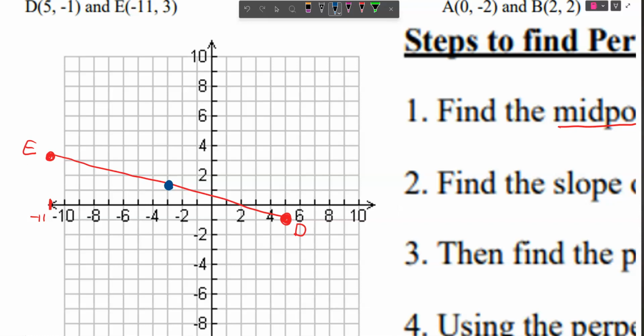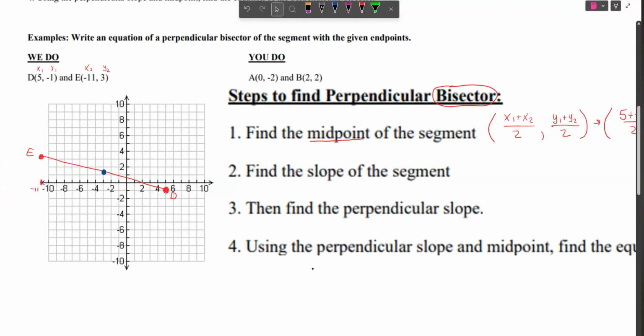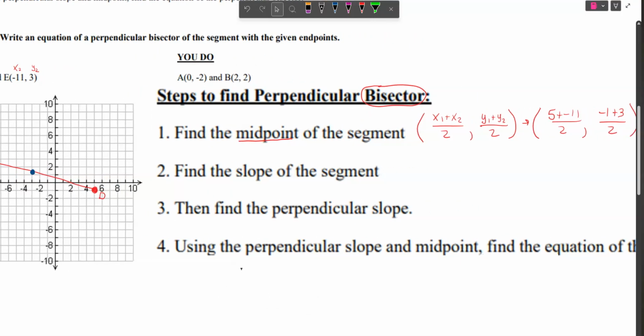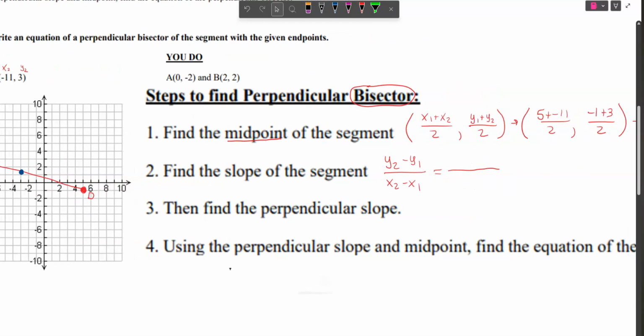Now, what we want to do is construct a perpendicular line that goes through that blue dot. So in order to do that, let's go ahead and find the slope of segment ED. So the slope formula is going to look like this. Okay? We're going to use the same numbers as we had before. So my y values are 3 and negative 1.